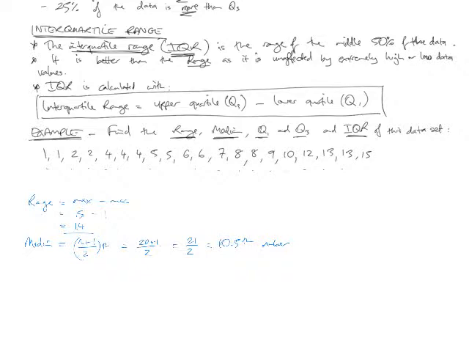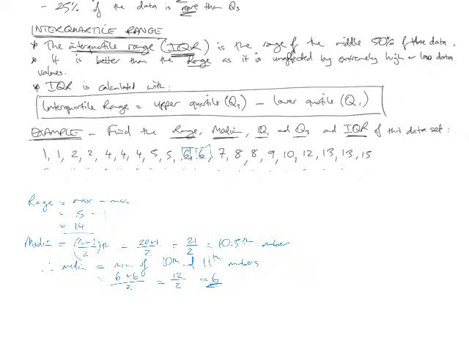So it's going to be between, therefore, median equals the mean of the 10th and 11th numbers. So the 10th and 11th numbers, 1, 2, 3, 4, 5, 6, 7, 8, 9, 10, and 11. The 10th and 11th number are both 6, so it's going to be 6 plus 6 on 2, 12 on 2, 6. So the median is going to be 6.